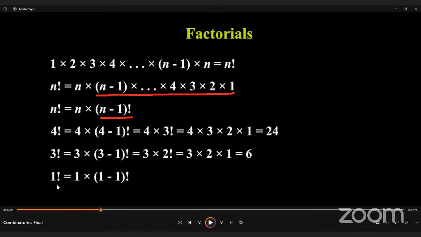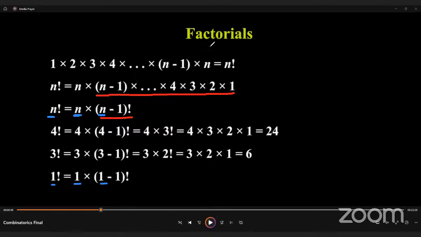So 1 factorial according to this: if n is 1, then this n is also 1, then this one is also 1. So you get 1, 1, 1.